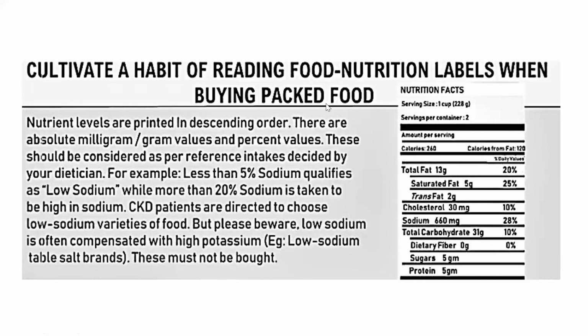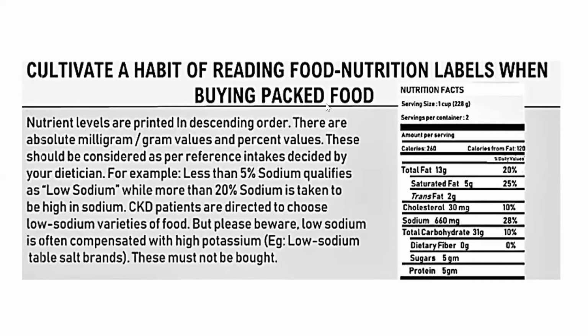Now, it is also important to cultivate a habit of reading food nutrition labels when buying packed food, especially in the context of hypertensive patients and CVD patients. Nutrient levels are printed in descending order. There are absolute milligram and gram values, and percent values. These should be considered as per the reference intakes decided by your dietitian.